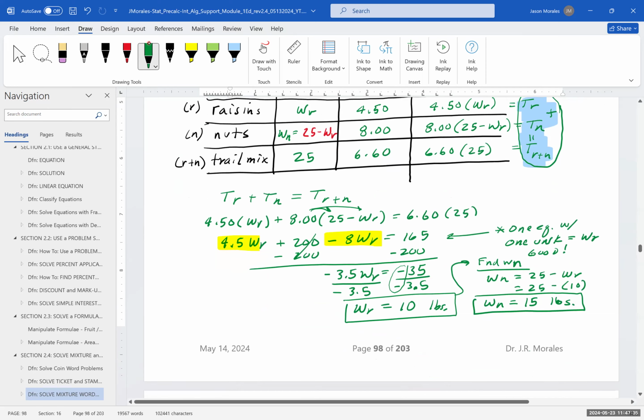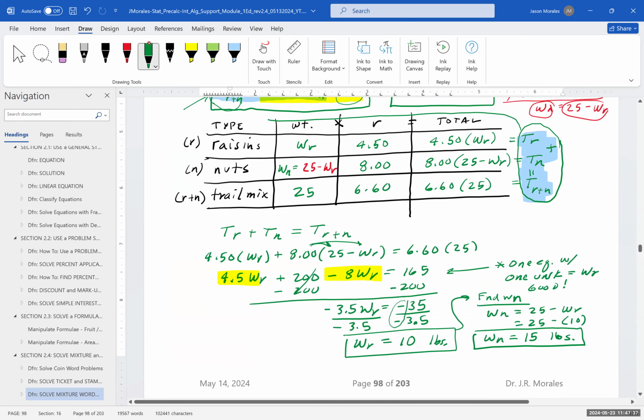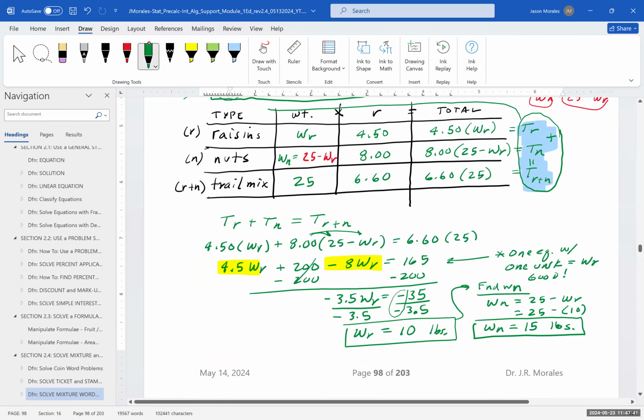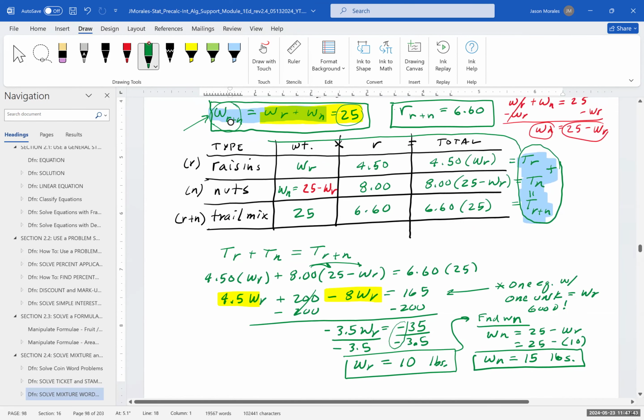Okay, so I'm kind of low on space here, but let me try to write a conclusion. All right, so do this in a different color.